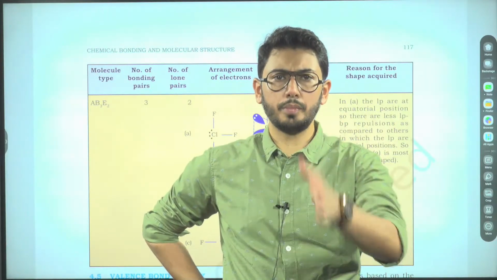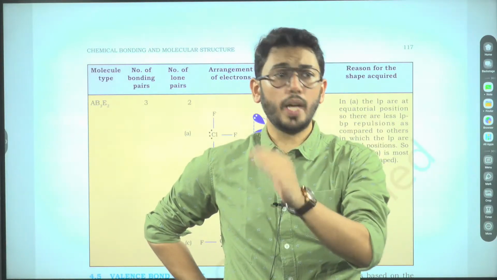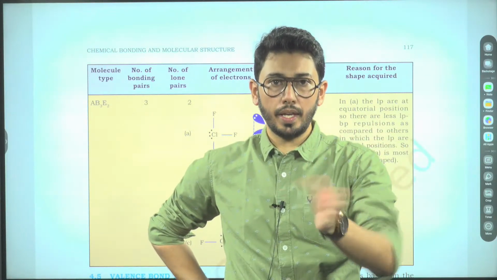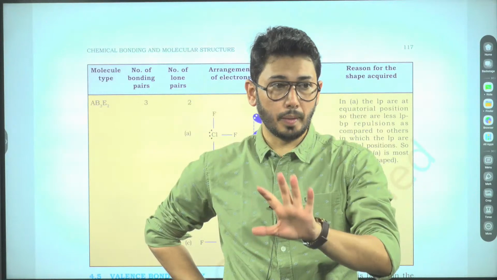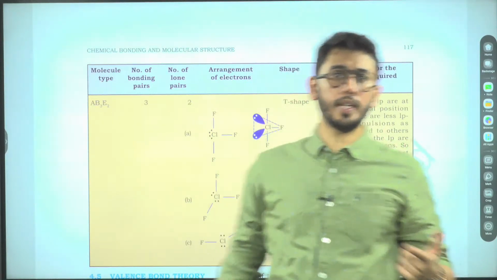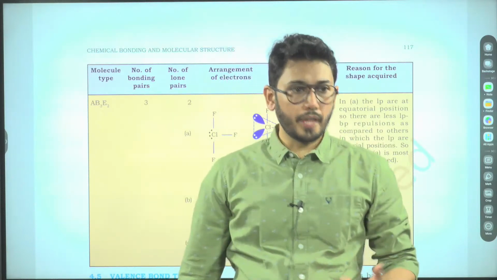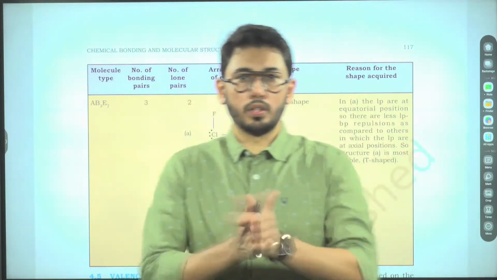Okay, so we have discussed AB2, AB3, AB2L type bend shape, AB4, AB3L, AB2L2. Remember? Then I discussed AB5 type.